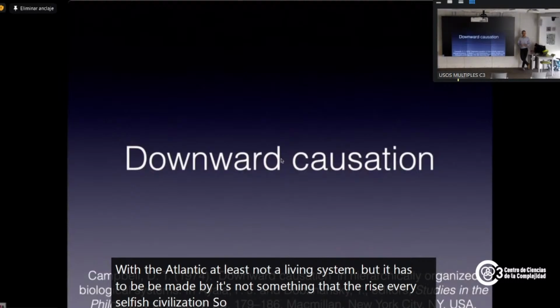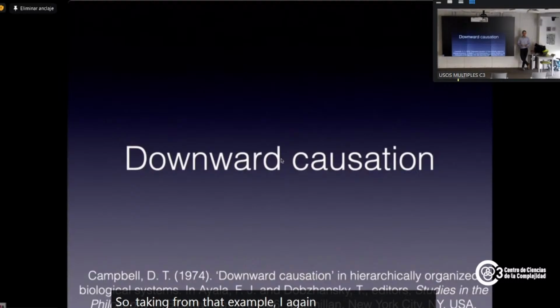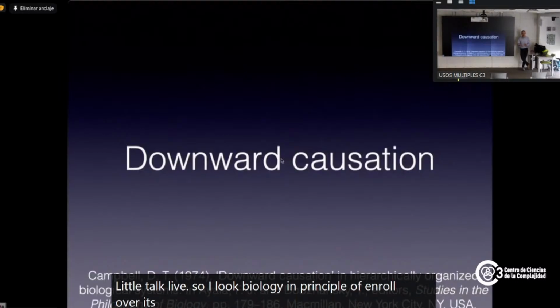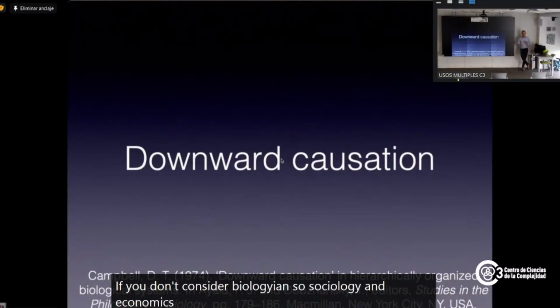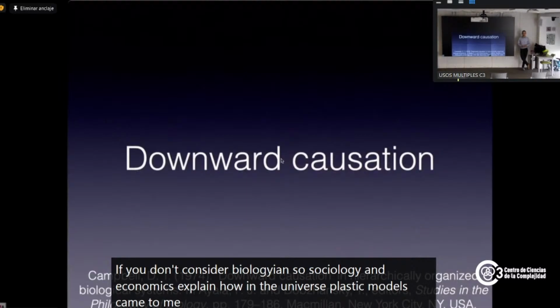Taking from that example, I guess we can say that's another example of downward causation, in the sense that a plastic bottle is a physical object. It occurs at a physical and chemical level. So biology, in principle, doesn't rule over its existence. But if you don't consider biology, sociology, and economics, you wouldn't be able to explain how in the universe plastic bottles came to be and with which purpose.